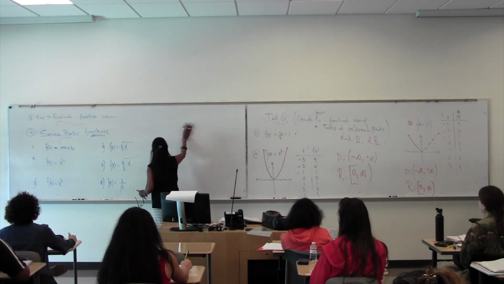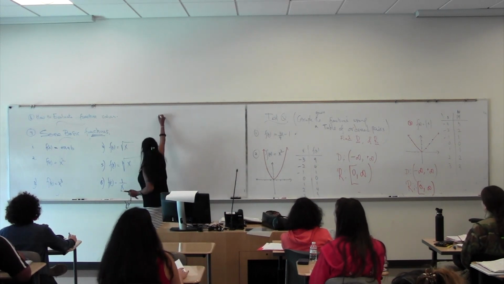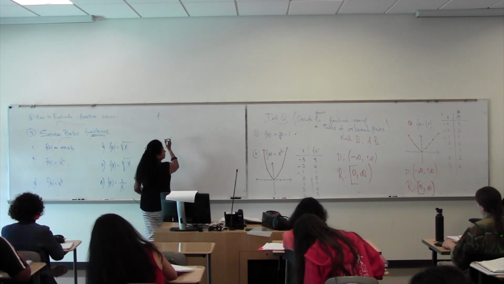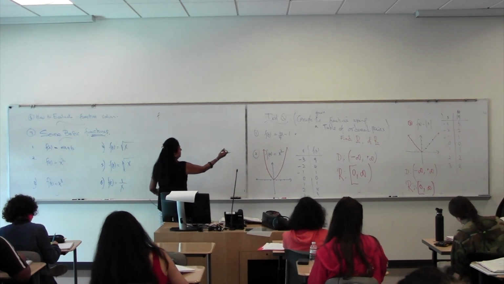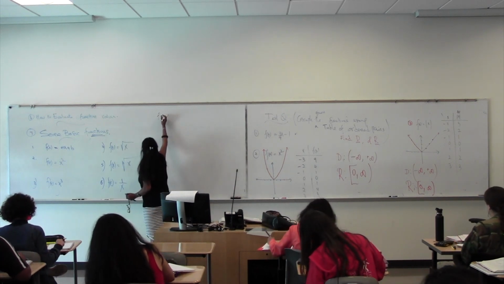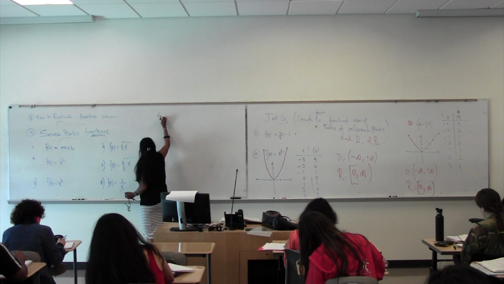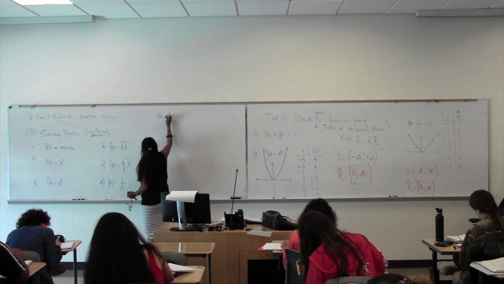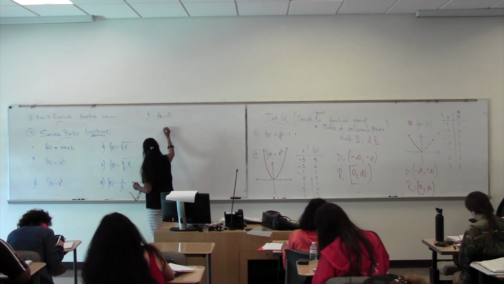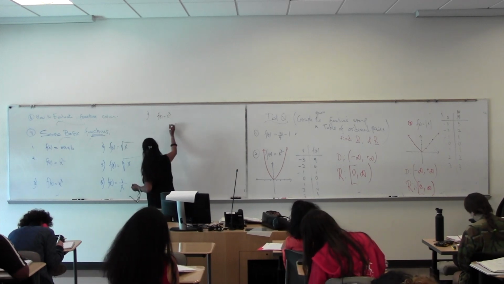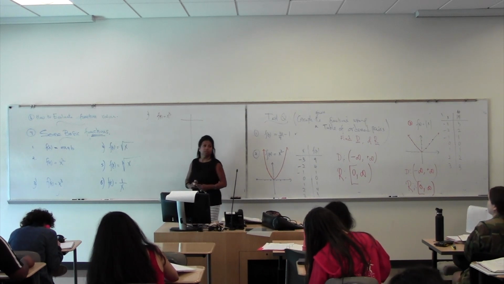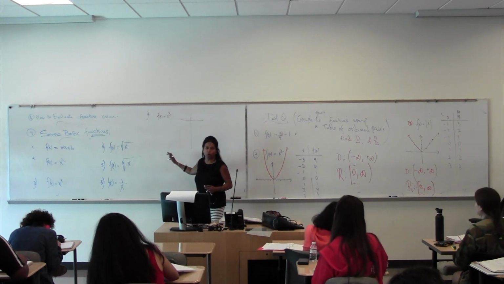Number 3, I'm going to do f of x is equal to x cubed. I'm going to do this real fast. This one, still we need to do what? Table. You need to show the table.